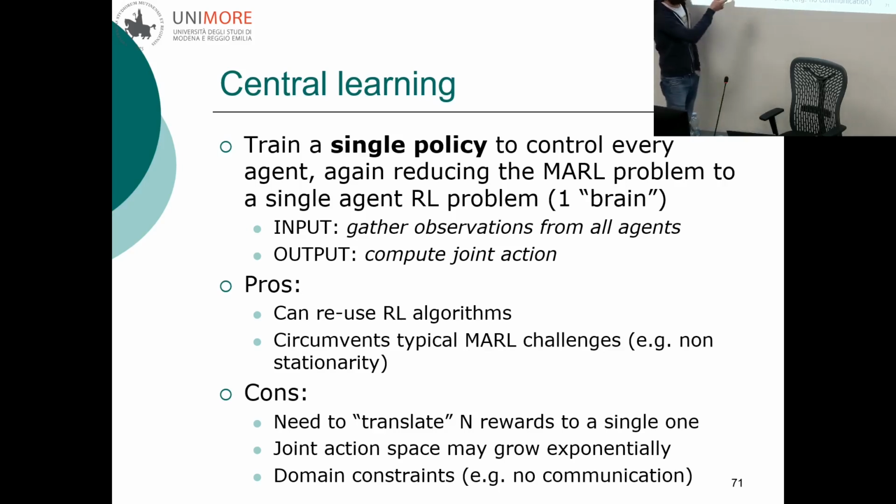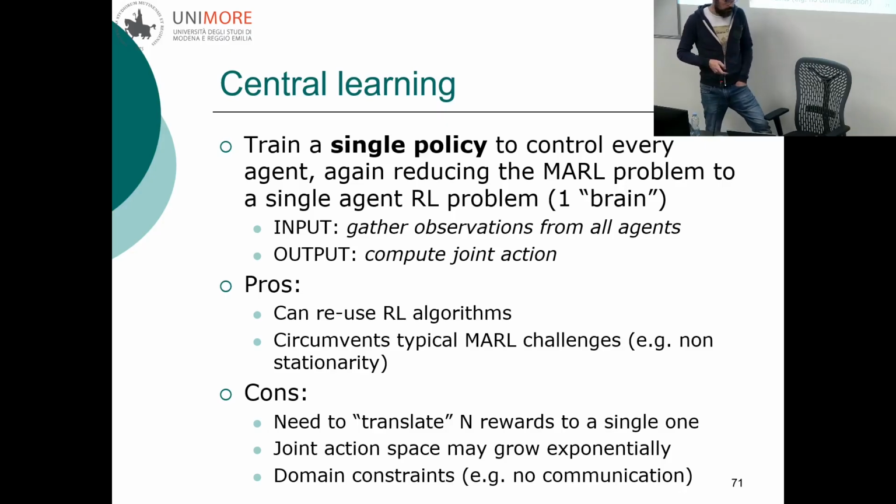Since I need to build a joint action, so I need to tell every agent what it has to do, this time there is a high risk that the joint action space grows exponentially. If you have 10 agents and every agent can choose amongst 4 different directions, your joint action space is, for every agent, telling the direction where to go.